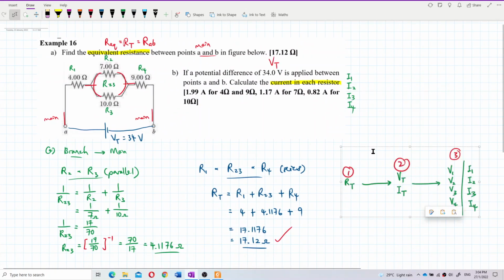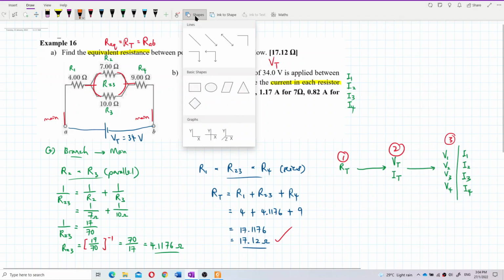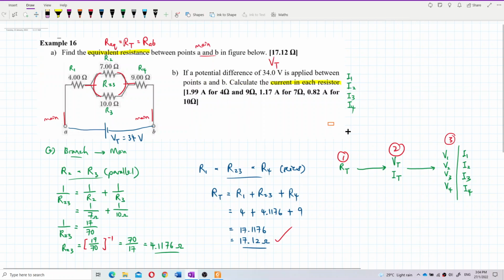This is the important thing. Let me highlight it. This is the one. The step is always, you see the first part, he asks you to find the total resistance. And then he surely asks you to find the total current.